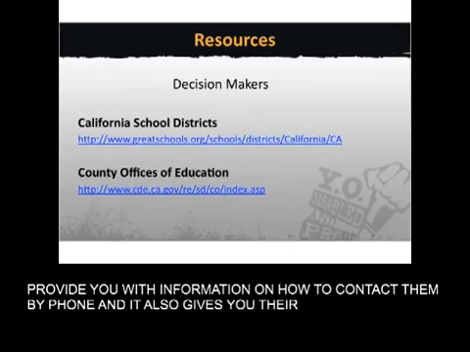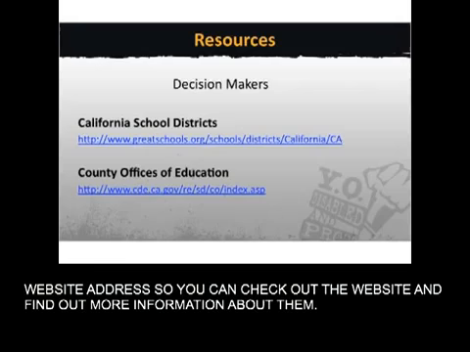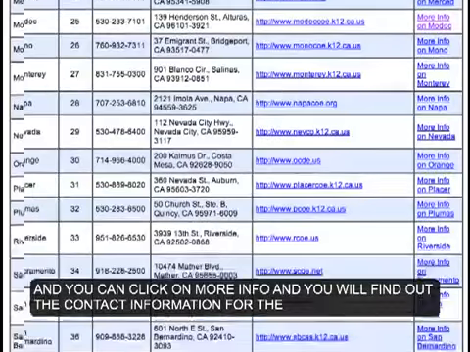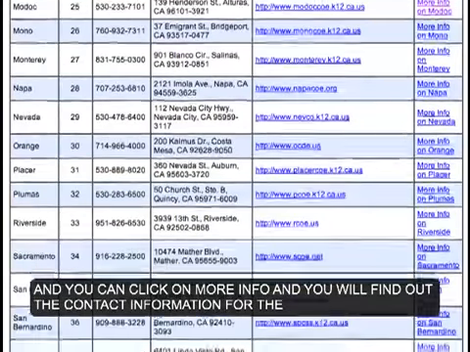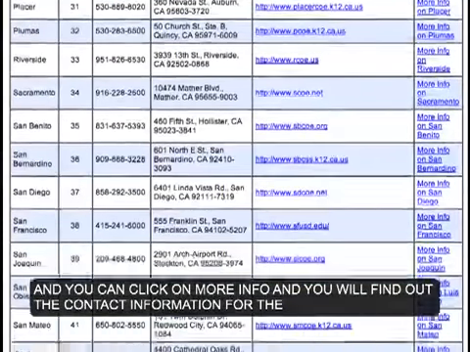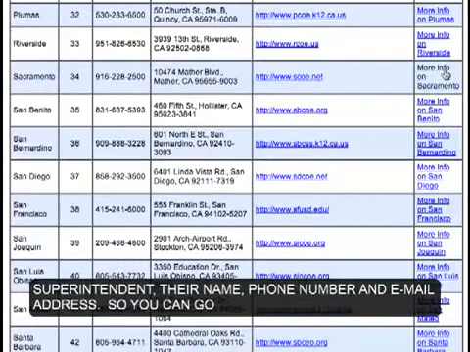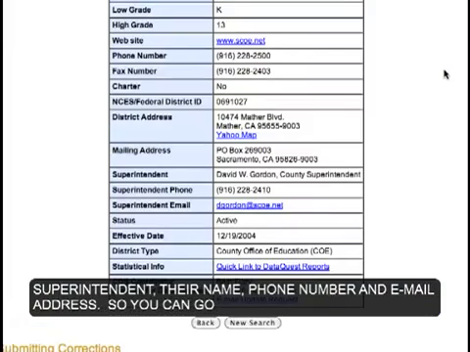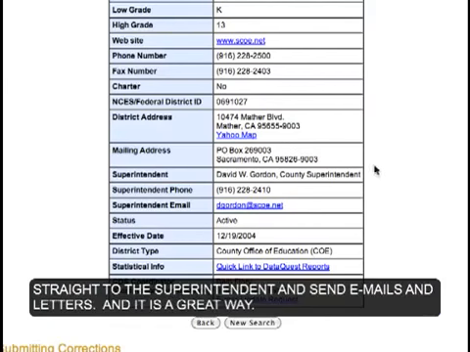They'll provide you with information on how to contact them by phone. It also gives you their website address, so you can check out their website to find out more information about them. And you can also click on more info on the right-hand side. It'll provide even the contact information of the superintendent, such as their name, their phone number, and their email address. So you could just go straight to the superintendent, send emails, letters, which would be a good way to go about that.